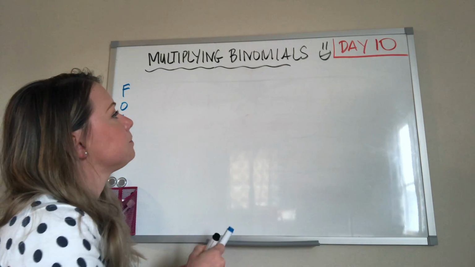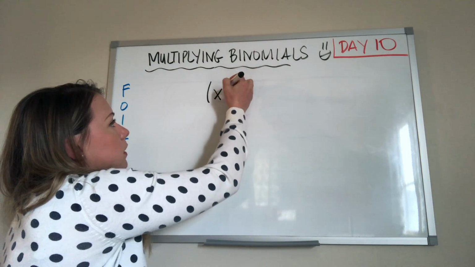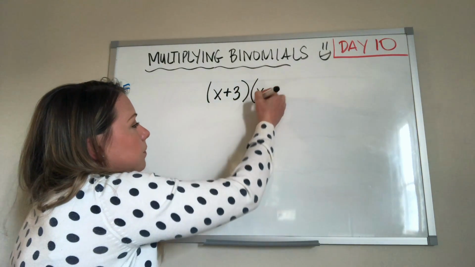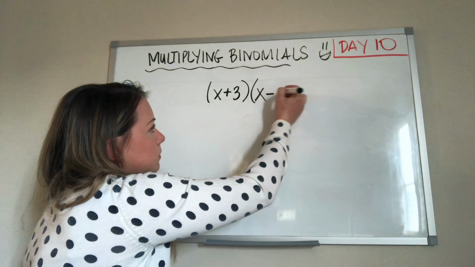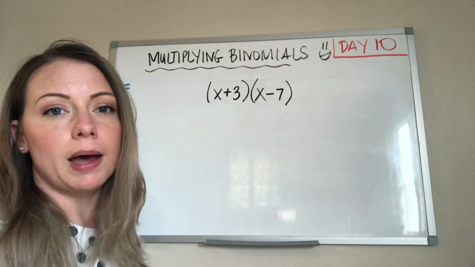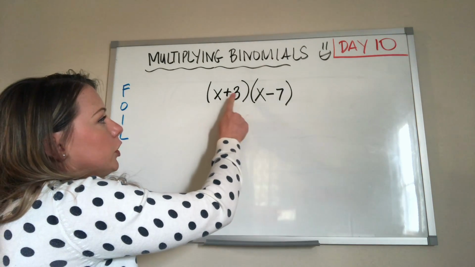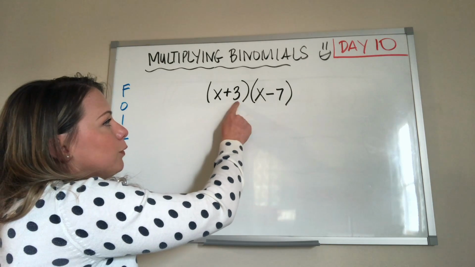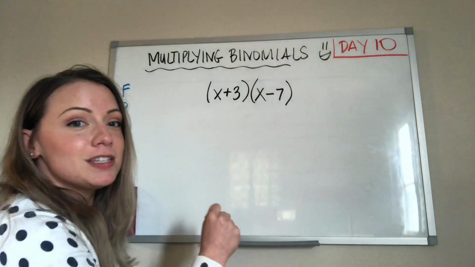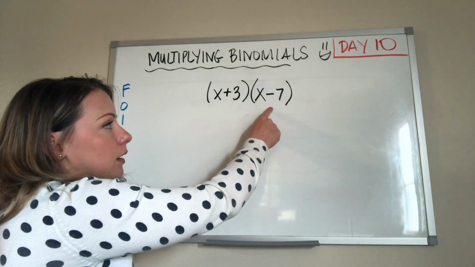Now, let's look at these 2 binomials. Again, I know it's a binomial because I have a term, I have a second term, therefore 2 monomials producing a binomial, and then the same here.